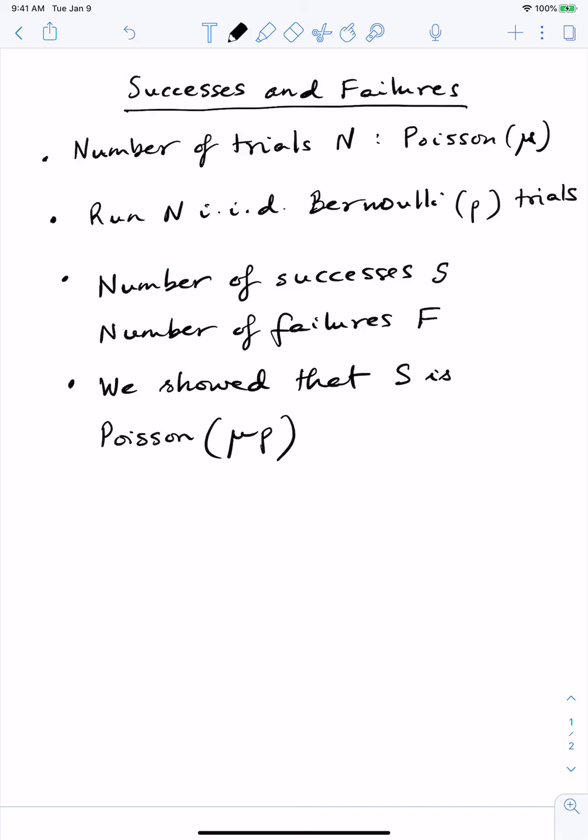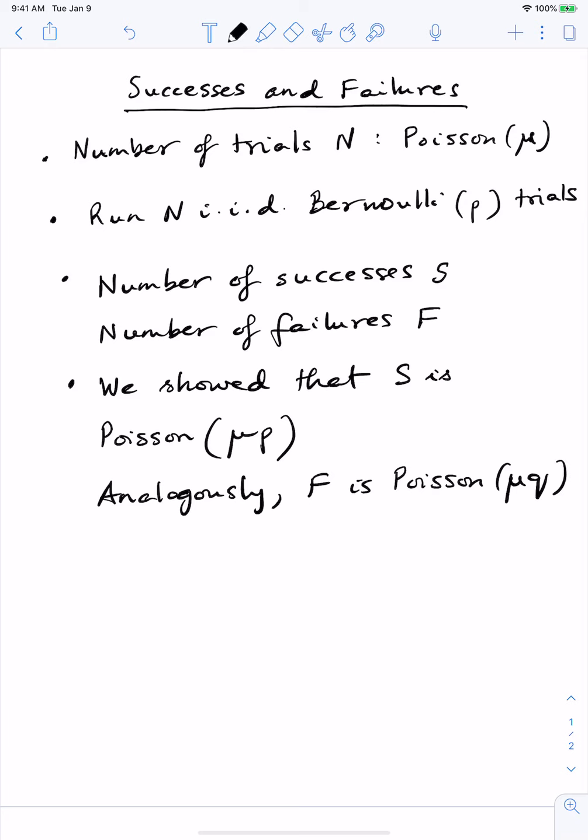Correspondingly, analogously, F is what? Well, it's Poisson mu times Q. For our usual notation, Q is 1 minus P. Just change the definition of success and failures and apply our old result.